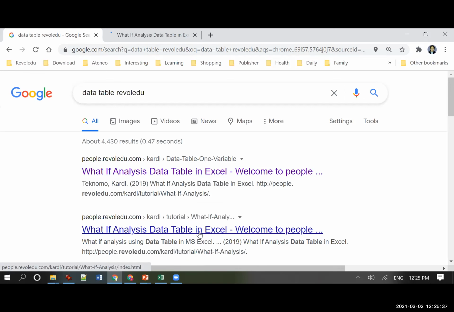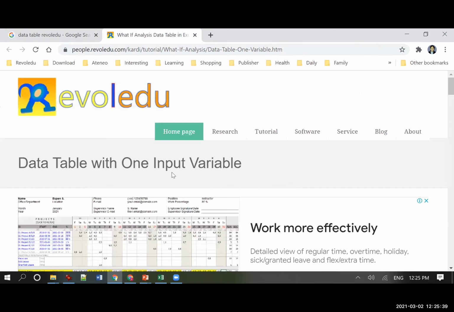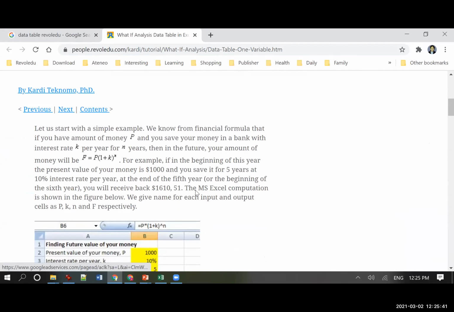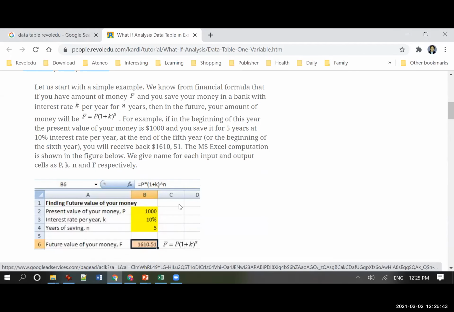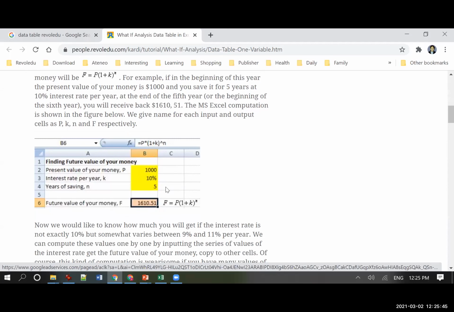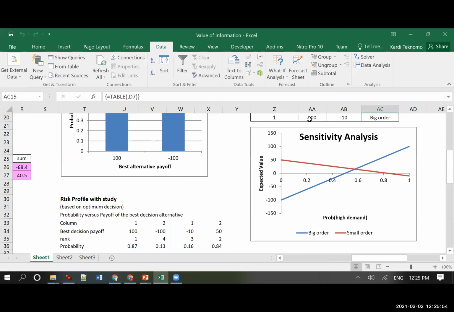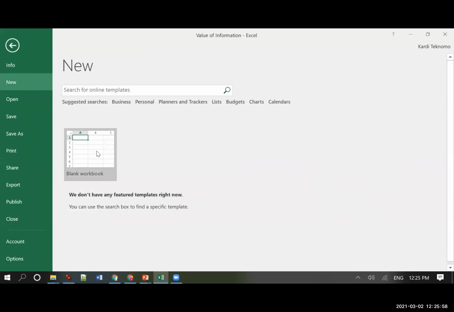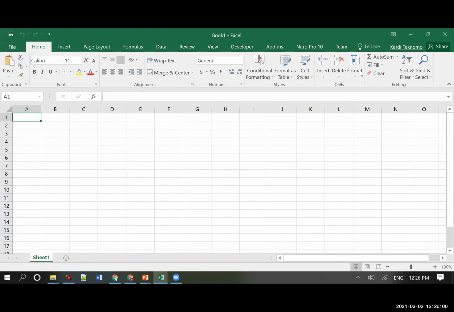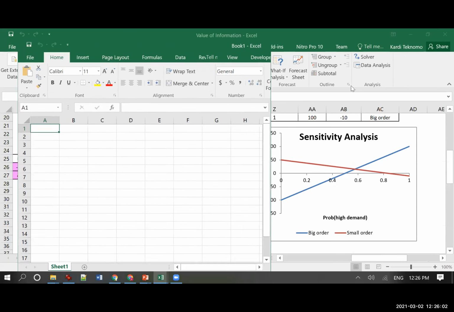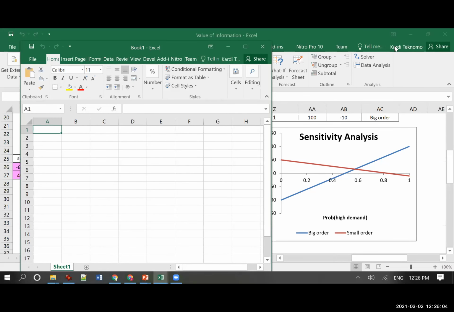I have one. So suppose you have this value. Okay, so let's do it. I will create one. Can you open your Excel and let's do it together? Okay, let's do it together so that you can see.